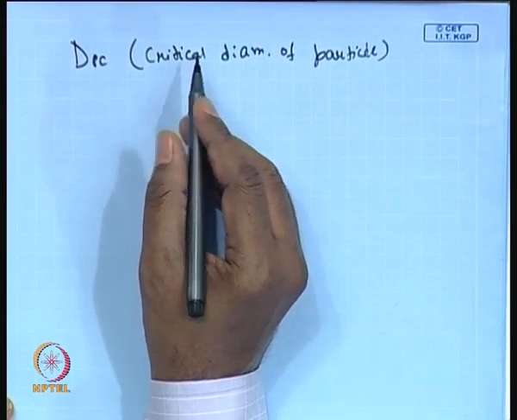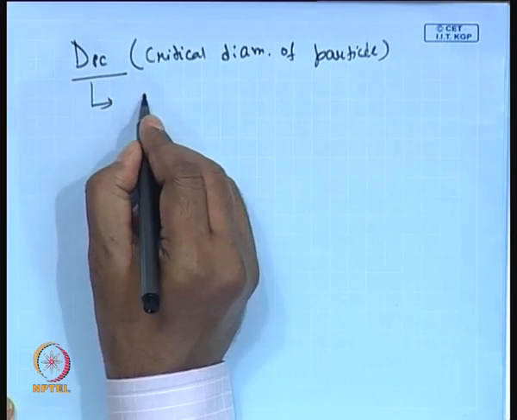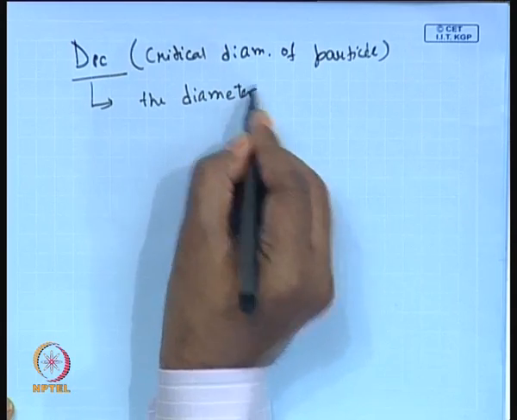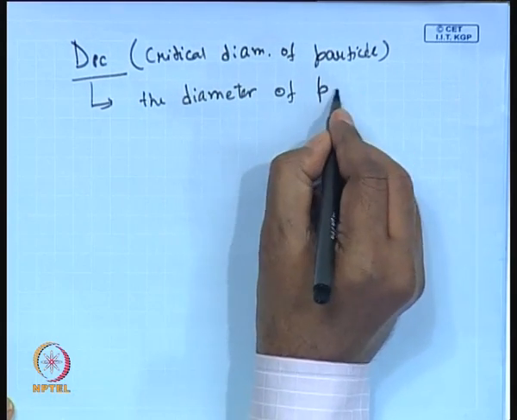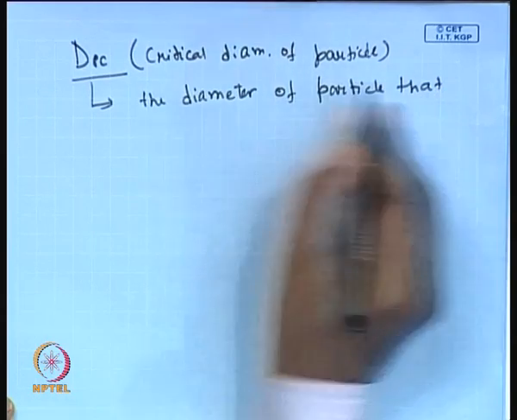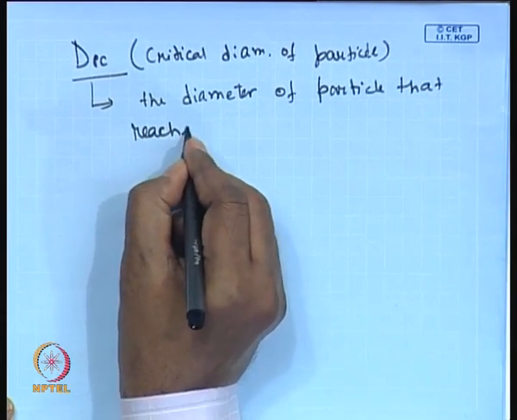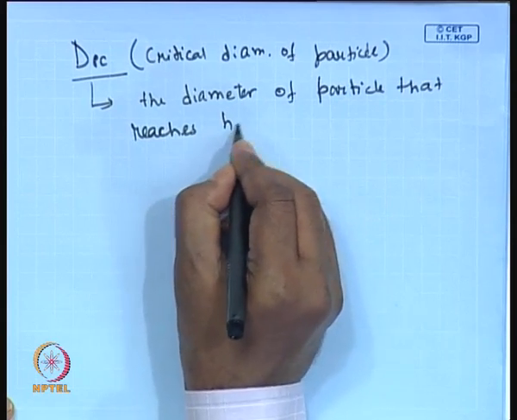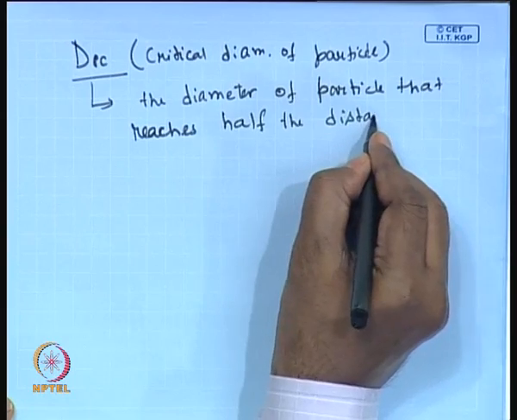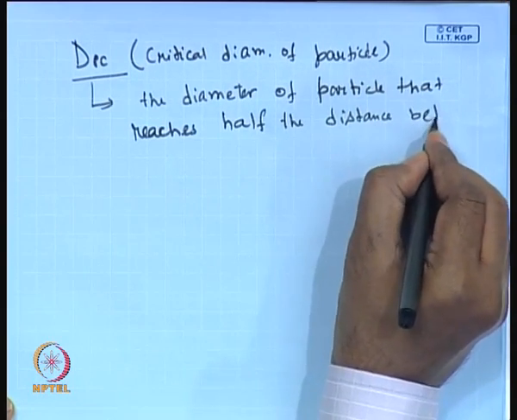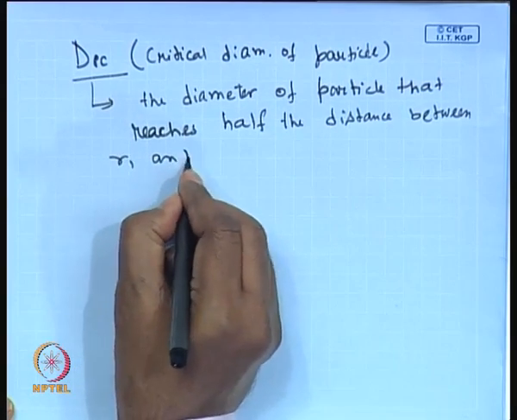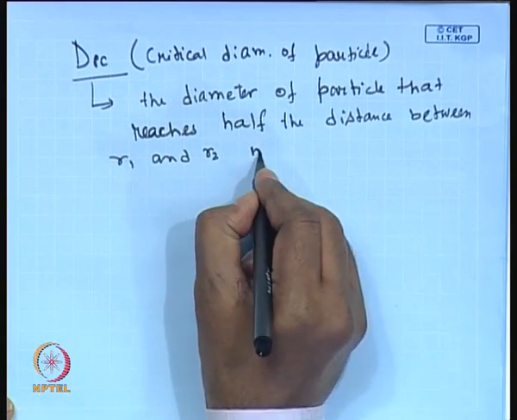and this is defined as the diameter of the particle that reaches half the distance between R1 and R2 within residence time theta.